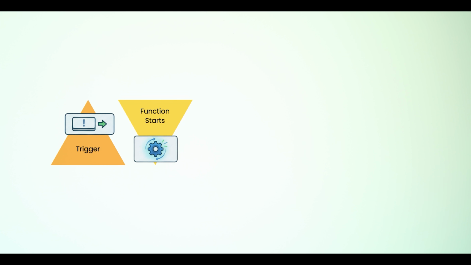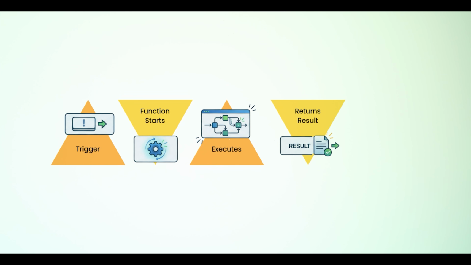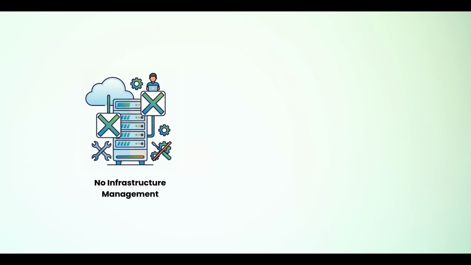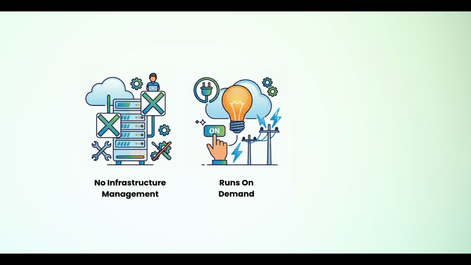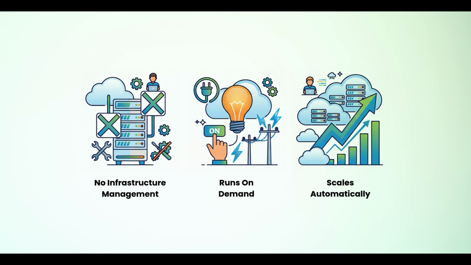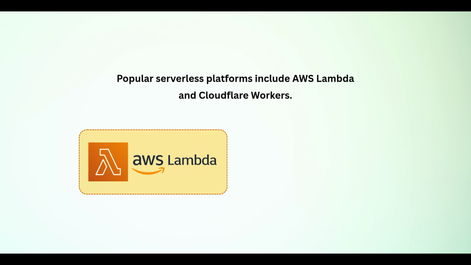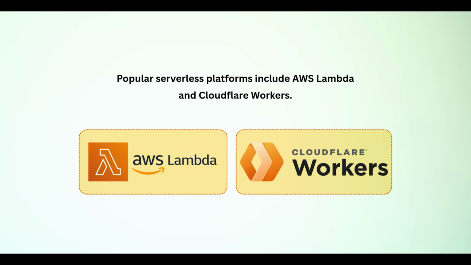The function spins up, executes, returns a result, then shuts down. You pay only for execution time. Serverless removes infrastructure management, runs on demand, and scales automatically. Popular serverless platforms include AWS Lambda and Cloudflare Workers.